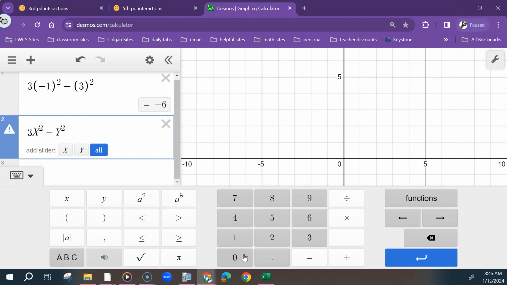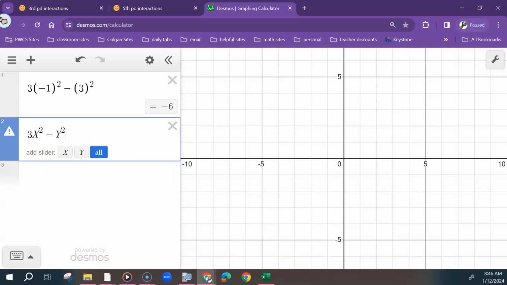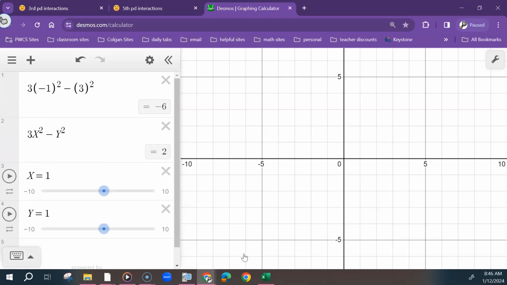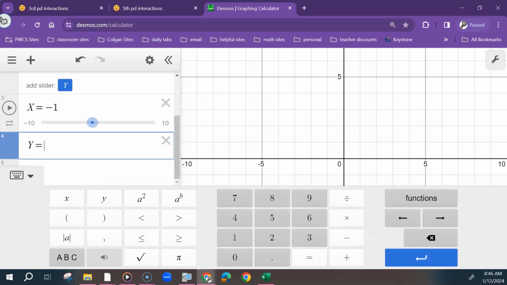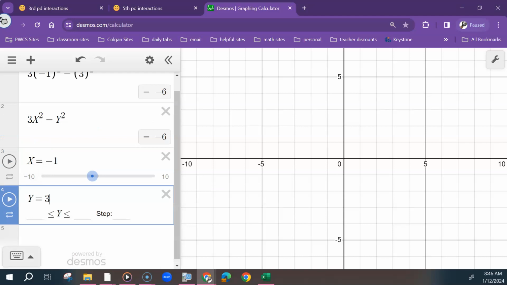But if you type them in as capital letters and then as sliders, you could change the values to -1 and 3. And then it would put those 2 numbers in and solve it for you. So you could do either way.